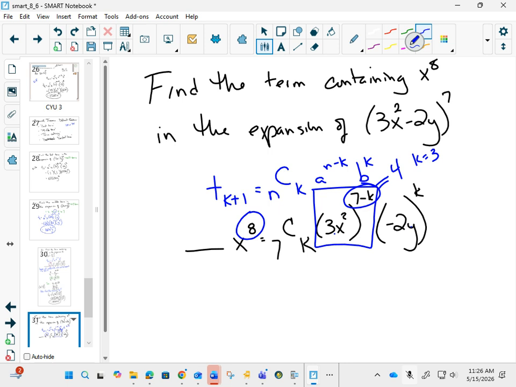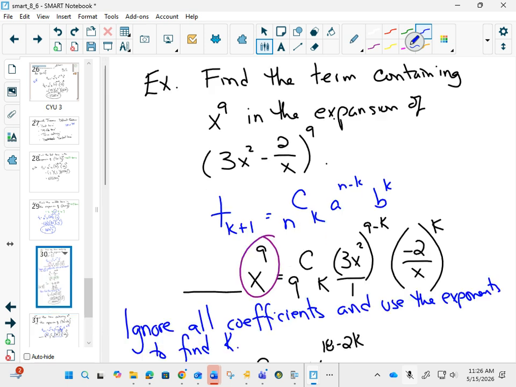Isn't the last one just a binomial? Isn't the last one this one that we did? It has an expansion. This is a binomial inside, but it has the power of 9. There's going to be 10 terms when you get your final answer. But since there's only one variable, doesn't that make it different?